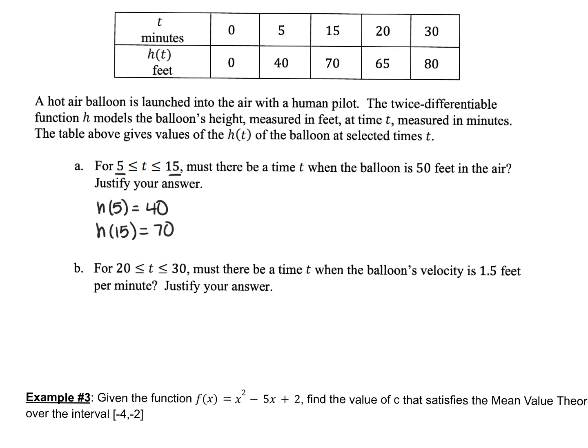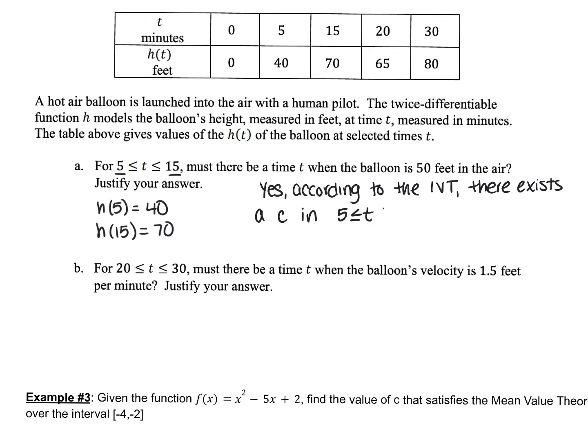The answer is yes. So you would say yes, according to the IVT, there exists a c in 5 less than or equal to t less than or equal to 15, such that h of c equals 50, is in between.